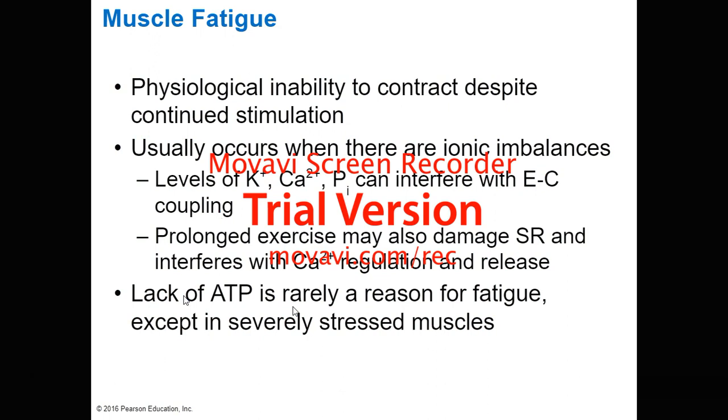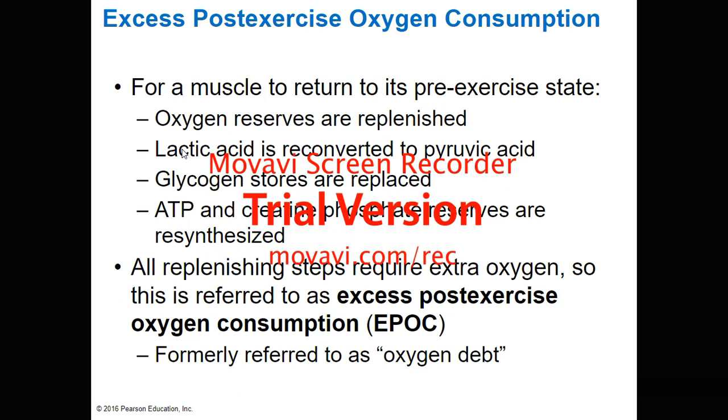All right, so after you get through exercising, if you were essentially using the anaerobic pathway, meaning there wasn't enough oxygen getting to your muscles, you're going to be in a state where you have to replenish your oxygen reserves. The lactic acid that you have built up has to be reconverted to pyruvate, and the glycogen stores have to be replaced.